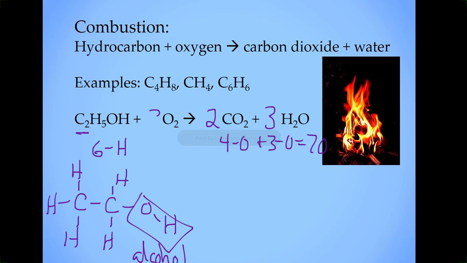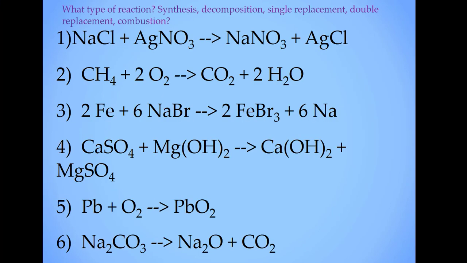So I'm going to put a 3 in front of there because that will give me 6 plus 1. That will give me 7. So this is balanced. In a combustion reaction, usually there's a lot of heat involved too, so you really could add heat as part of the equation. So plus heat.